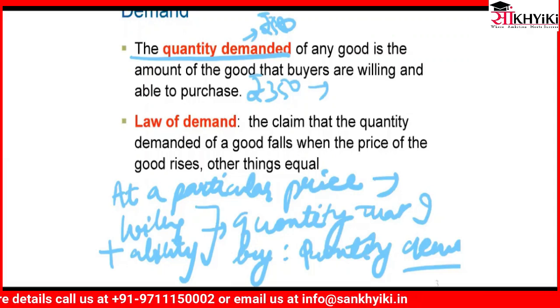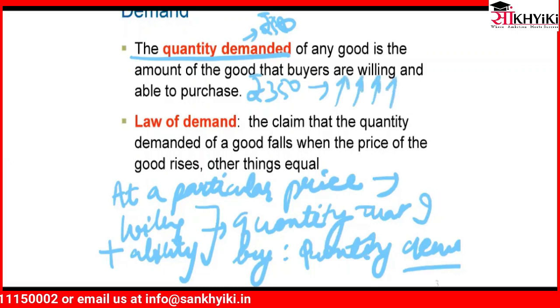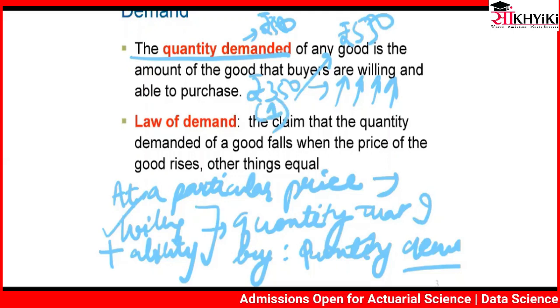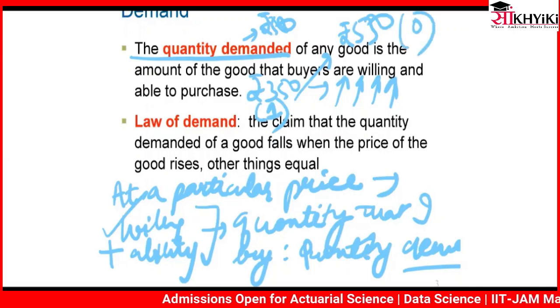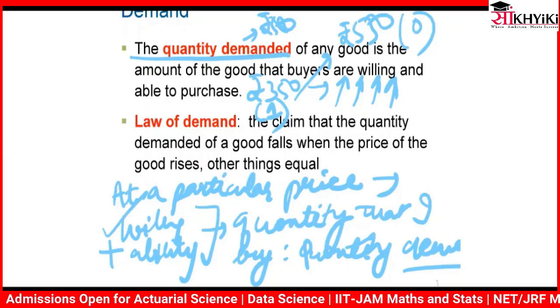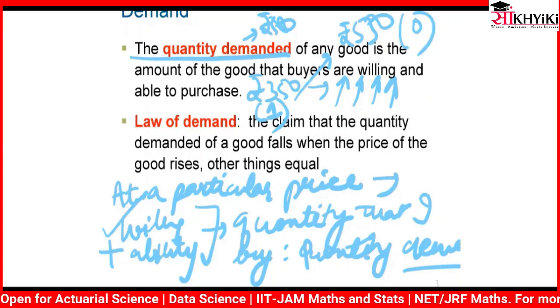Now the question that then arises is, if the price of the book increases, then what happens to my demand? Suppose the price is now 550. Then although I am willing to buy the book, my ability to buy the book would not be there. So my demand would fall from 1 unit, which I could initially buy, to 0 units because I no more can buy the book. So that gives rise to the law of demand.